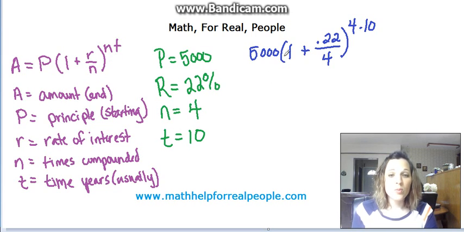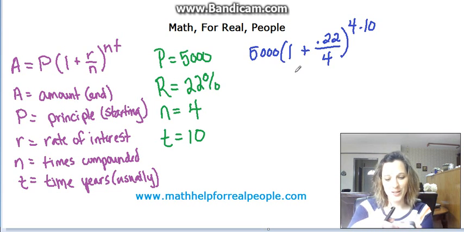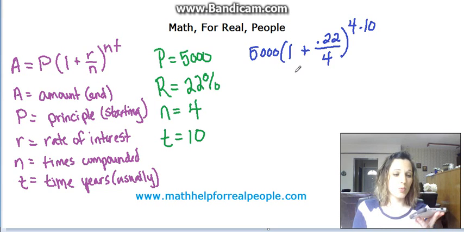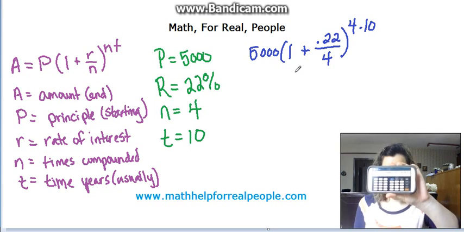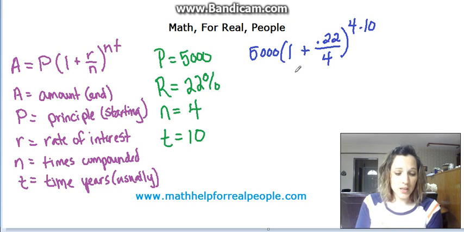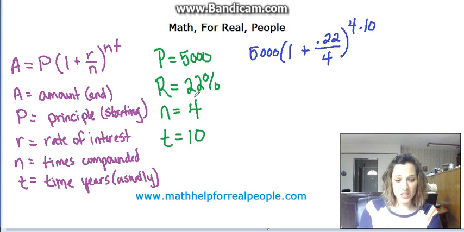And when I work that out, remember you do parentheses first, then exponents, then your multiplication. So once you work it all the way out in your calculator, my handy dandy calculator, you can literally just put it in, because you're just plugging it straight in. Your calculator should be doing the order of operations and dividing first.